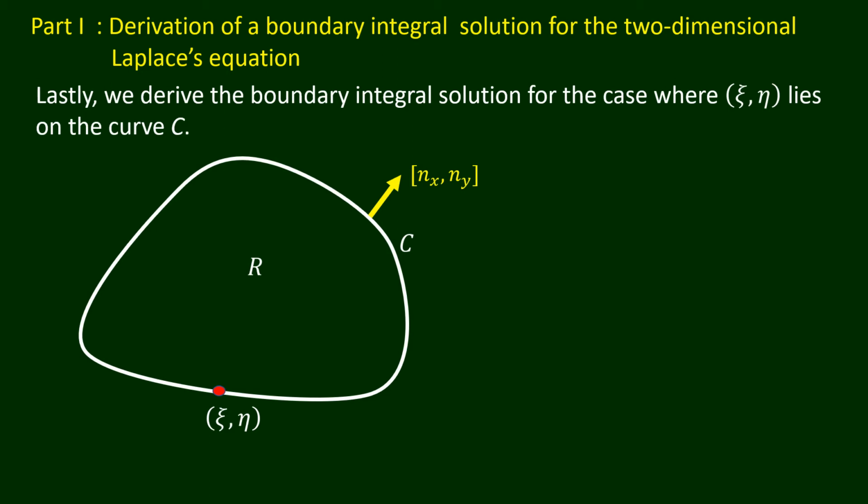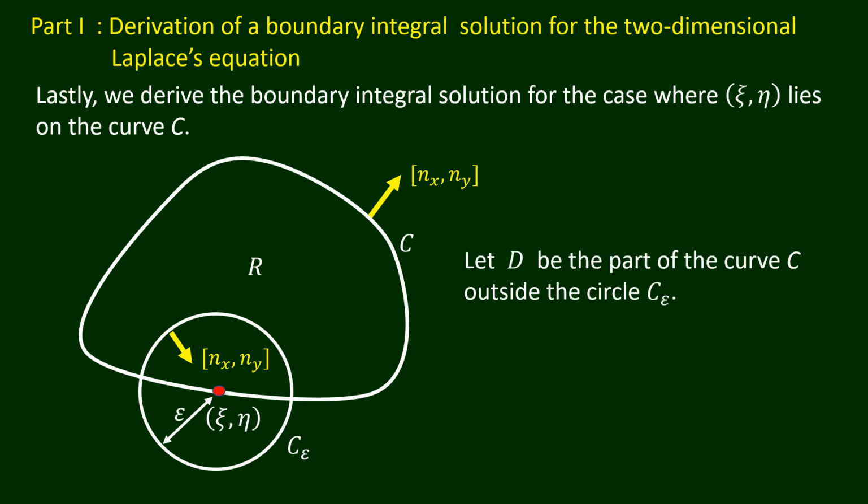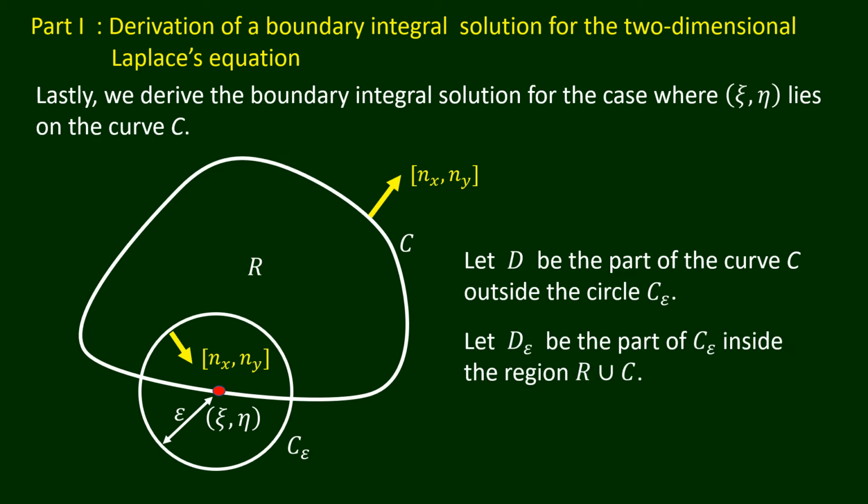As before, let C epsilon be the circle centered at the point (xi, eta) and having radius epsilon. Let D be the part of the curve C outside the circle C epsilon, and D epsilon be the part of the circle C epsilon inside the region R union C.